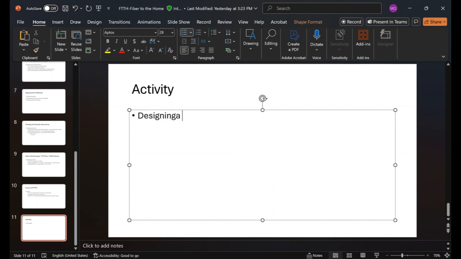So the questions will be: what architecture will you choose?